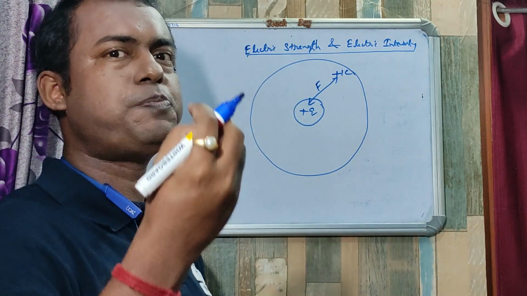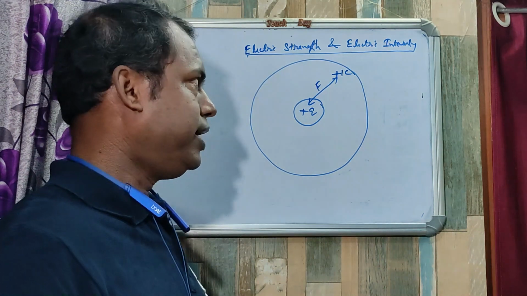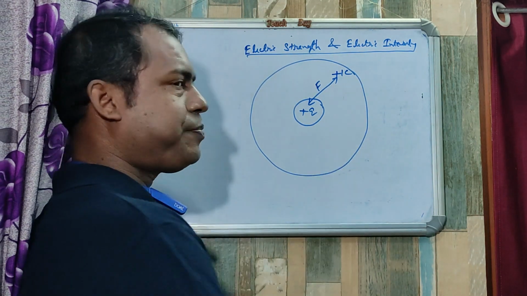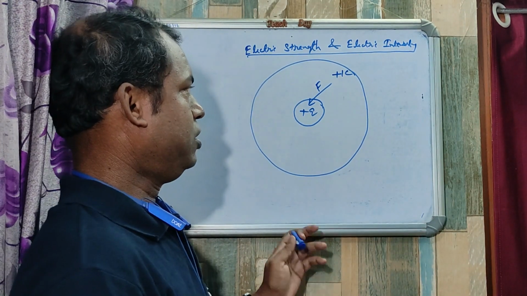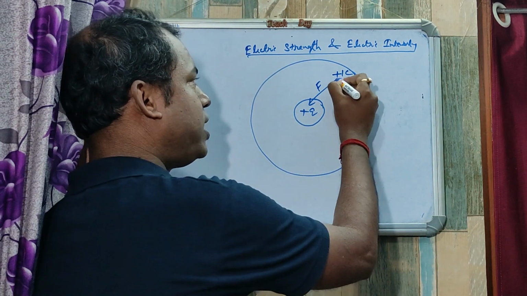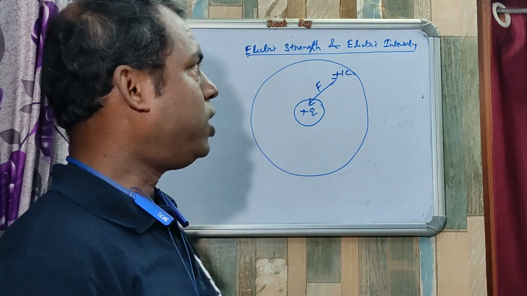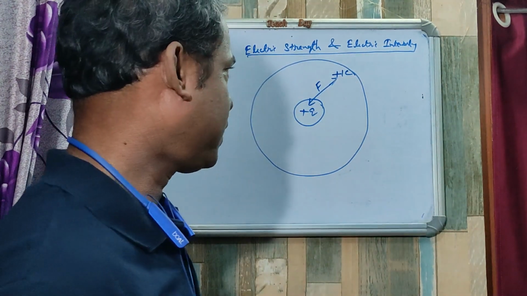It is force per unit charge, which we specify like this. So a plus Q charge, with a 1 coulomb charge placed, gives a repulsive force. Now we want to calculate the electric strength or electric intensity.